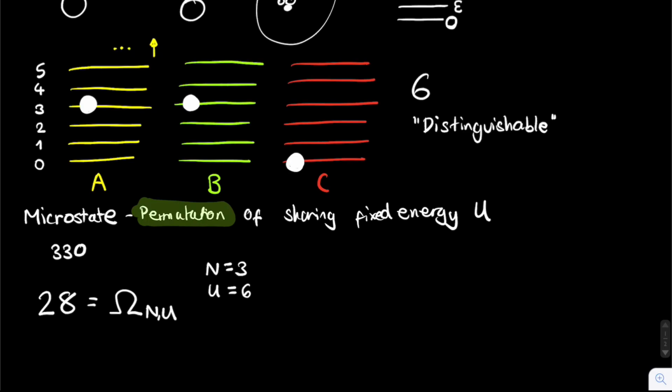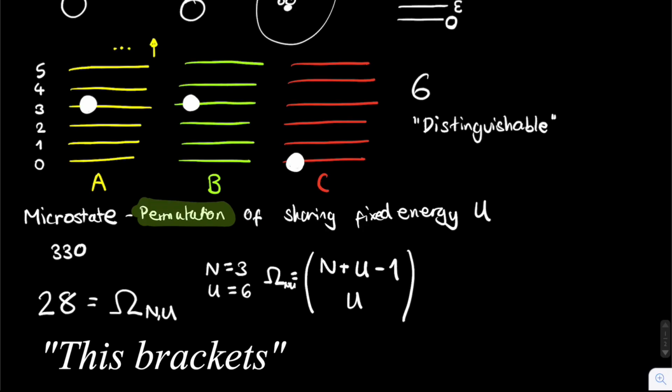Well, there is actually a formula, which again, I'm not going to derive, but it's a pretty useful formula, and it is given as the number of microstates, omega N,U, is given by N plus U minus 1, choose U. So this is a bit of statistical notation. You guys probably are familiar with what this brackets is. It's basically the binomial coefficient.